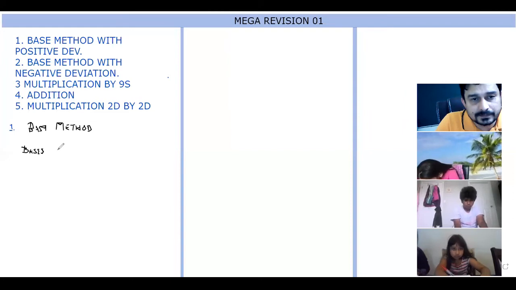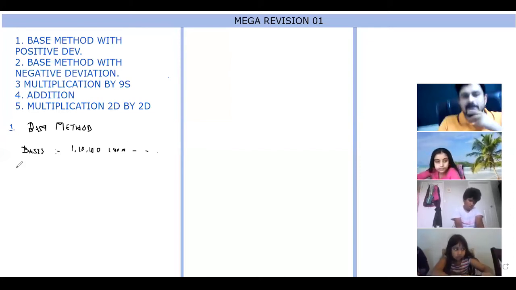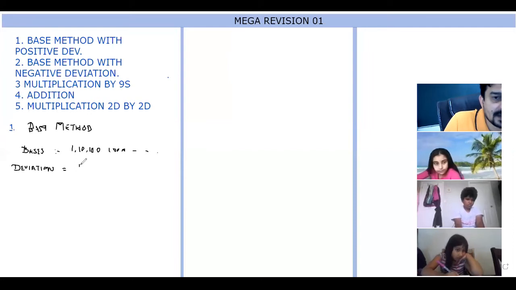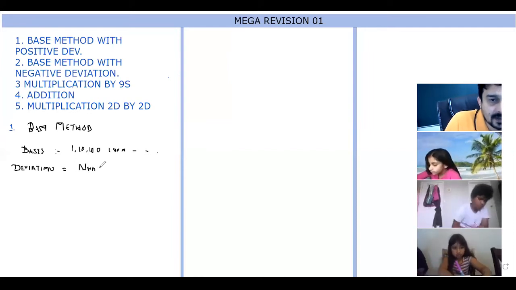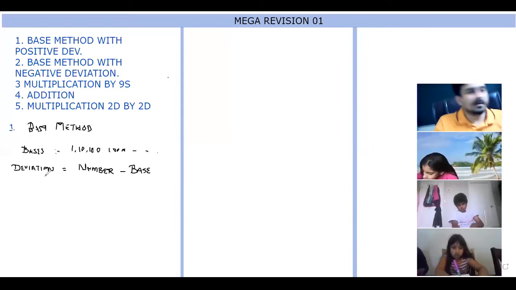Any number which begins with 1 and is followed by 0s, that is 10, 100, 1000, 10,000 and so on. And deviation is number minus base. When you subtract the base from the number, you get deviation.